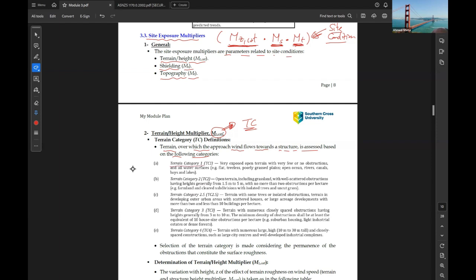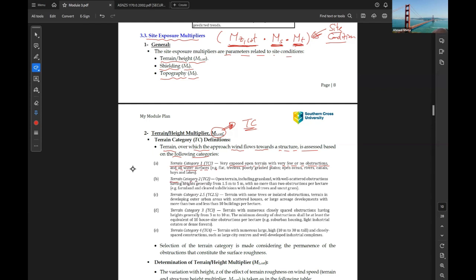The first one is terrain category TC1: very exposed open terrain with very few or no obstructions, and all water surfaces. In this case, we don't have many obstructions, so it is open area. For the open or exposed area, the wind will be more intensive.